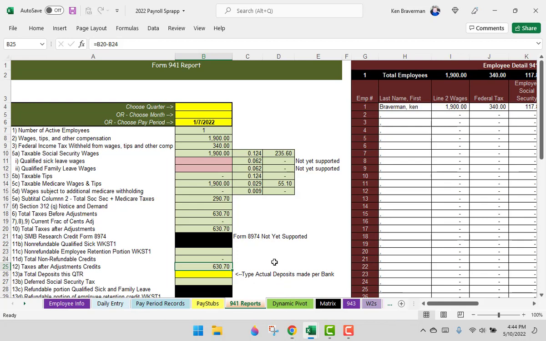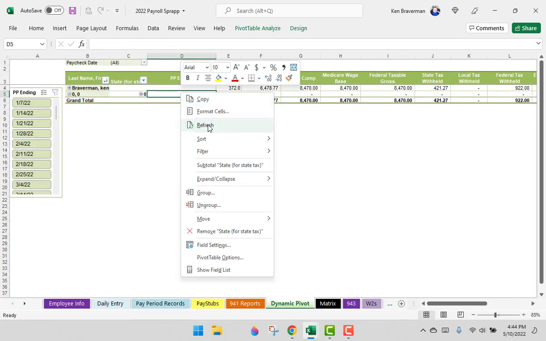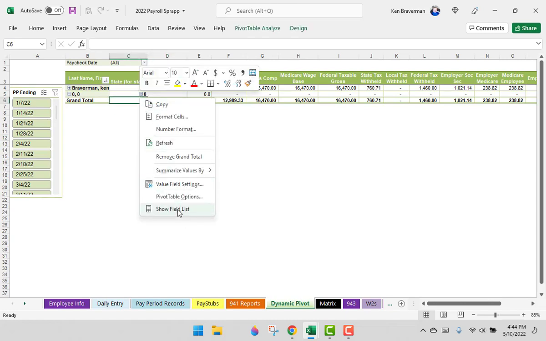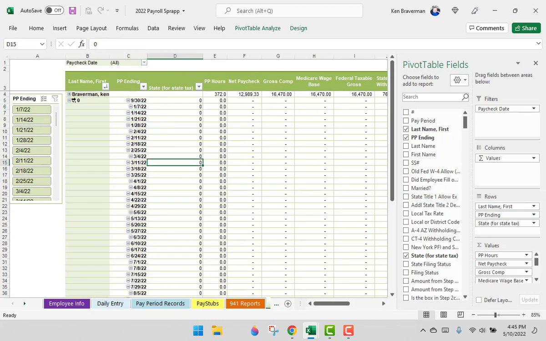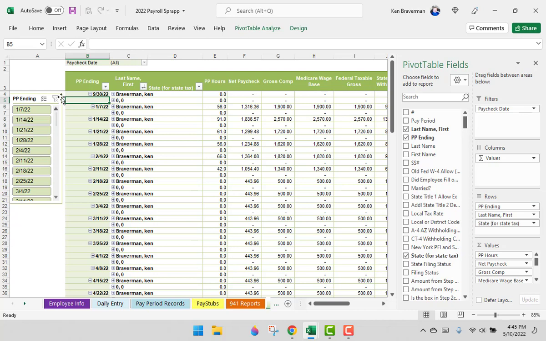Now there's an even easier way to look at this, which is using the pivot reporting functions and the dynamic pivot functions. The dynamic pivot function will allow you to sort things out by quarter and by pay period and move things directly in order and allow you to see exactly what your deposits were in every pay period and quarter.